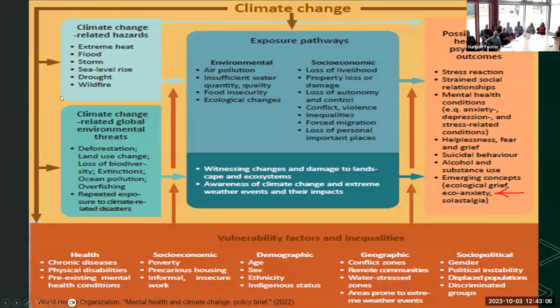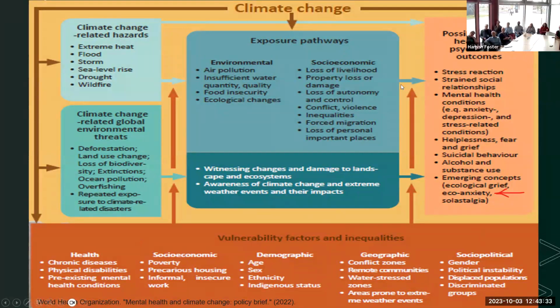So direct effects including what we mentioned, and it's also likely to exacerbate inequalities: people with existing diseases are likely to be more impacted, those living in poverty, ethnic minorities, low and middle income countries, the usual suspects in terms of health inequality.